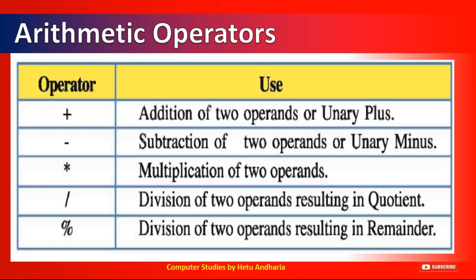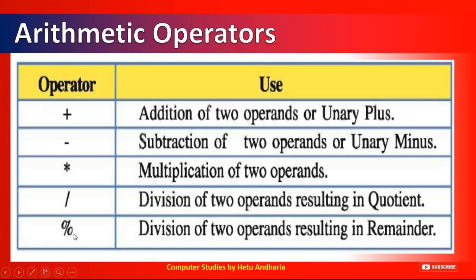Multiplication does the multiplication of the two operands. The X symbol is not used here; an asterisk is used for multiplication. For division, always remember the forward slash is used. Don't use the other slash. This division of two operands will result in the quotient, right?